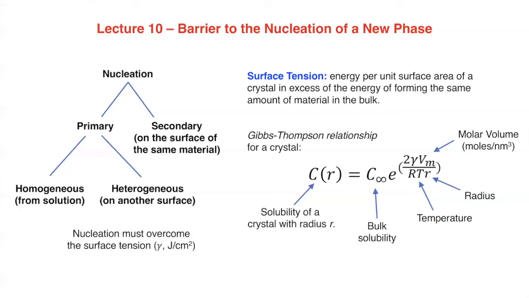Homogeneous nucleation is very unusual and quite difficult to study or observe. So most of the time, nucleation is heterogeneous. It happens on another surface because that other surface helps to lower the tension and stabilize the new phase.